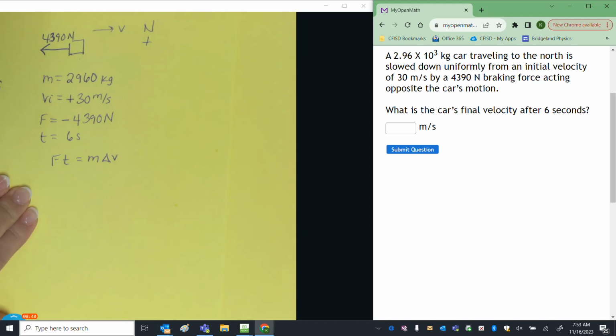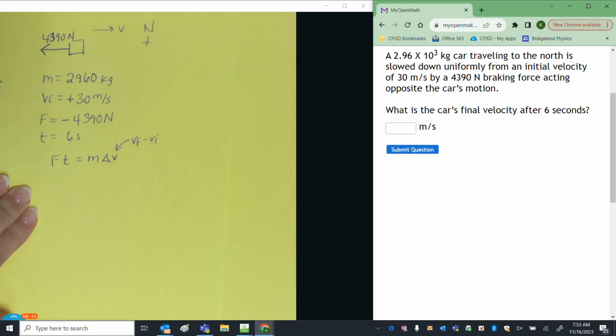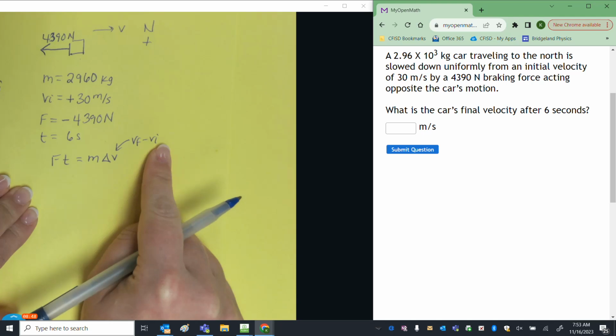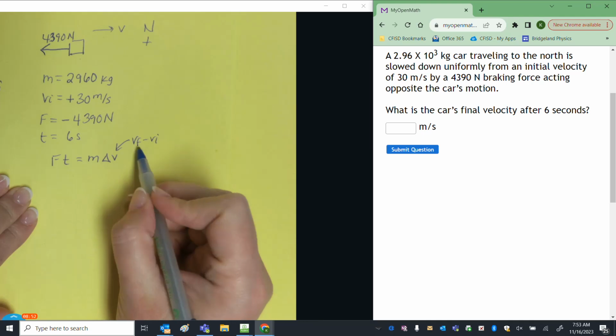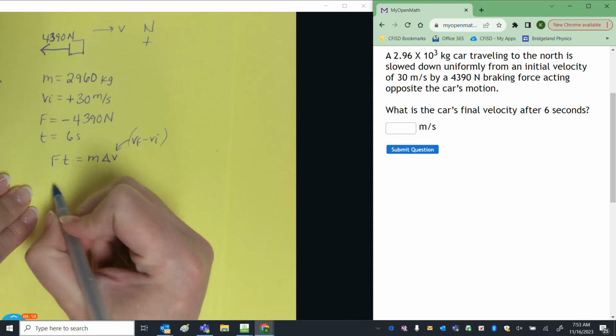Okay, remember delta V is VF minus VI. So you could solve for delta V and then find your final velocity, or whenever you write this equation, you could actually substitute in VF minus VI, which is what I'm going to go ahead and do. It doesn't really matter which way you choose to do it.